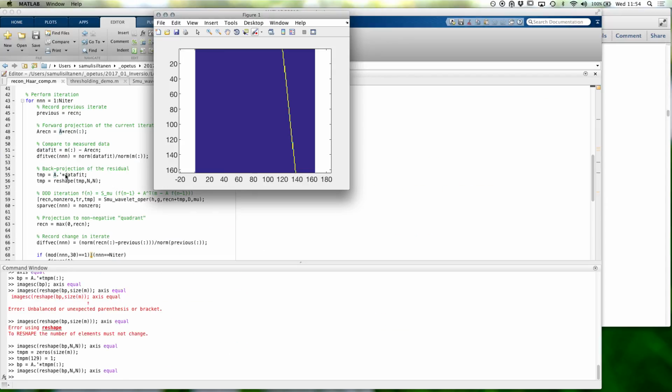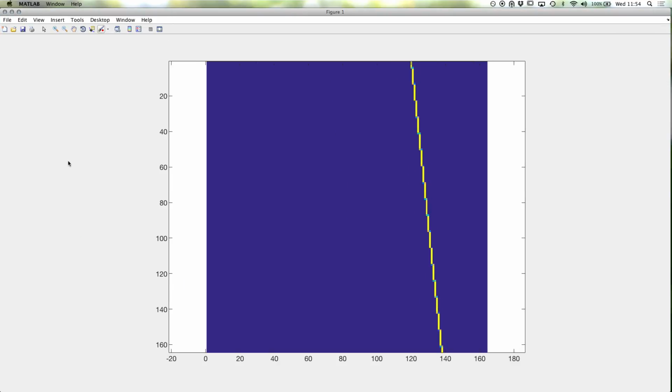So I took another one. This image domain here is the domain of f. It's our imaging domain where our object is. What is this? I back project just one element from the sinogram. I have a sinogram full of zeros except for one element, which is 1. And we see this in the image domain when I back project. Any ideas? What might be going on?